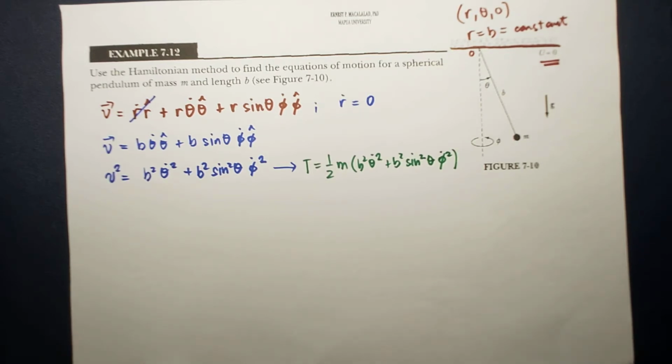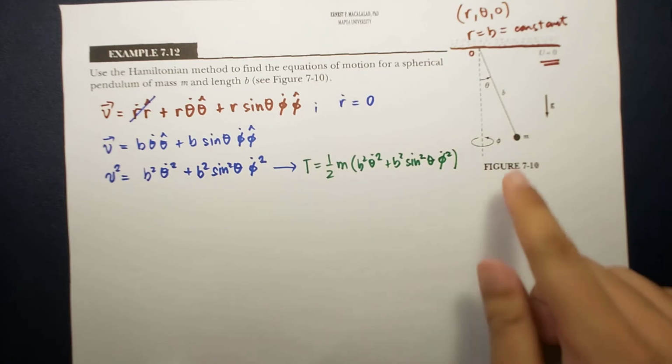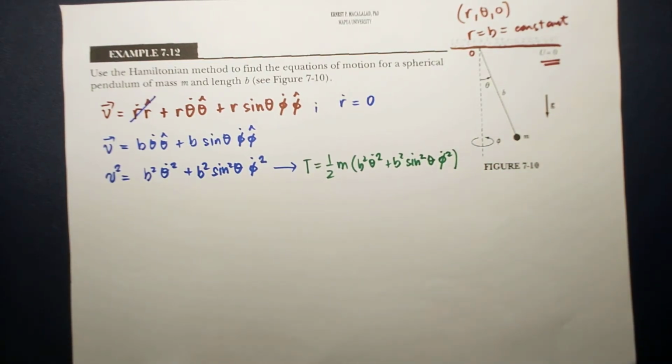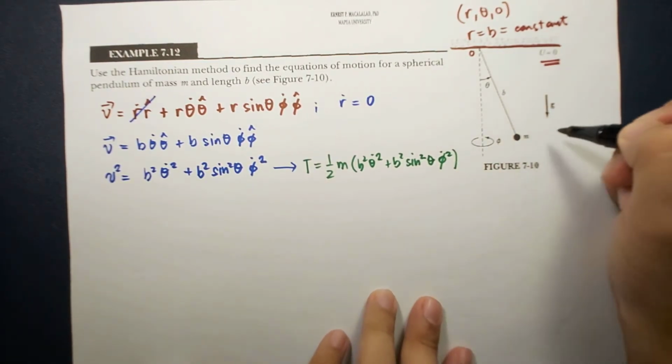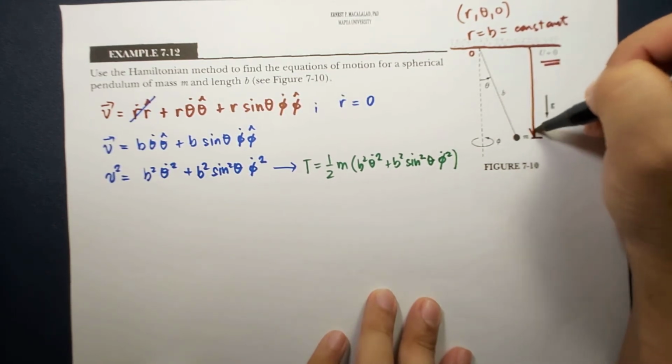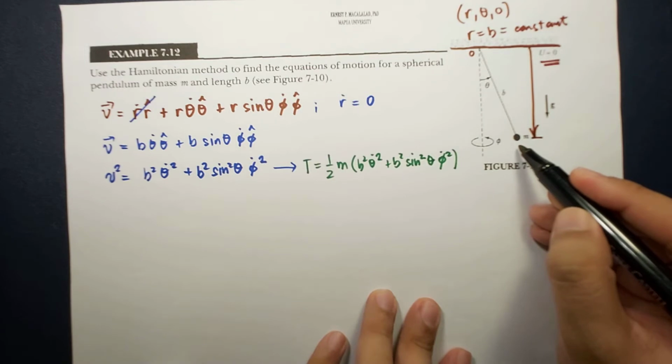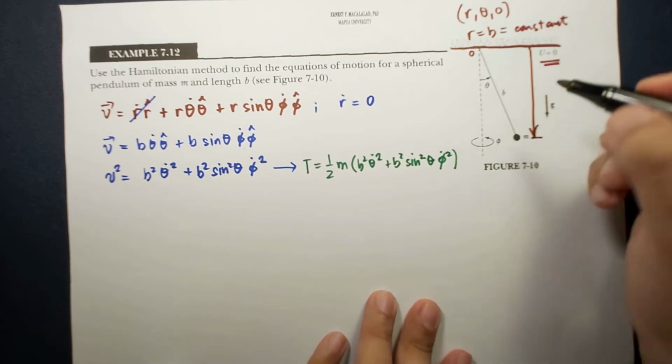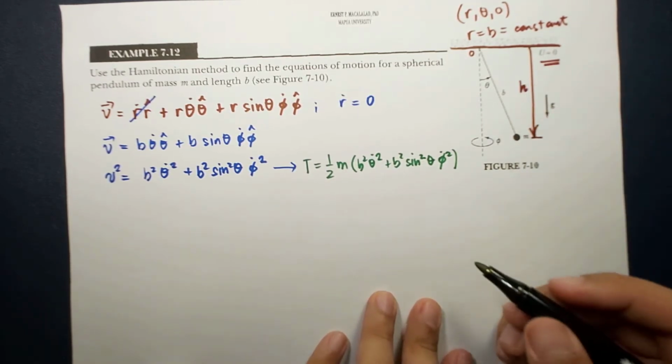Now, let's go back to our problem. The height of the particle with mass m will be h.